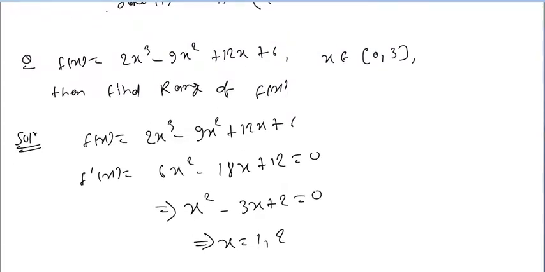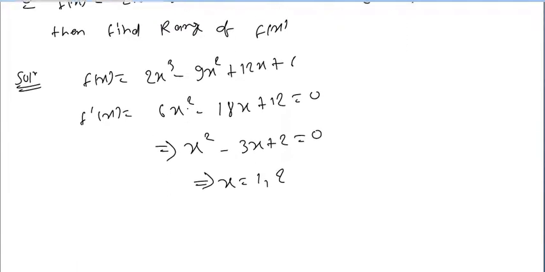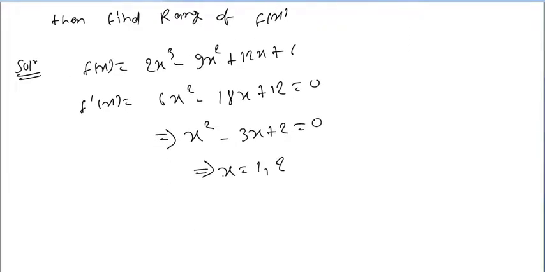So from the defining condition we have no critical points, but from the derivative being 0 we have the critical points 1 and 2. So the method says: find the critical points in the interval AB. Here AB is 0 to 3, and C1 is equal to 1 and C2 is equal to 2.